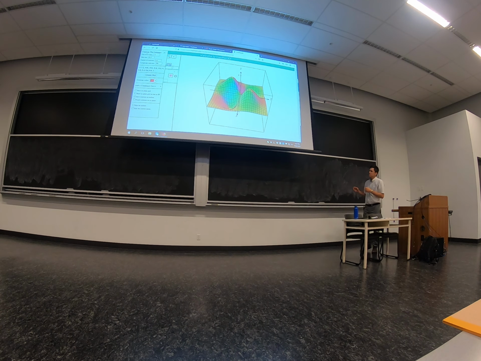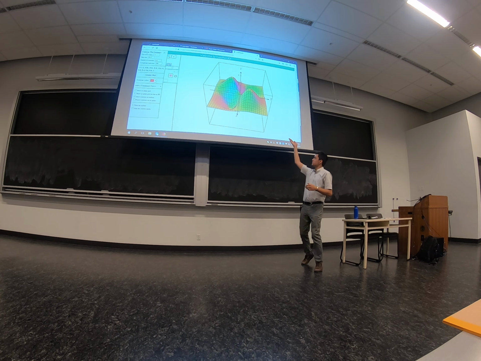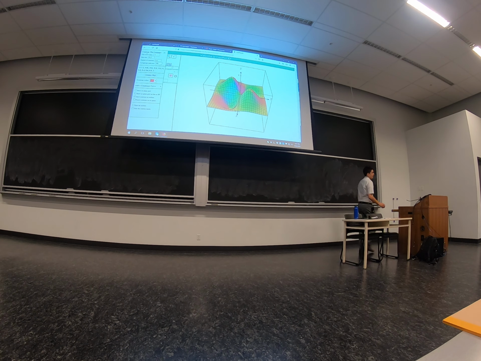You take this surface and cut it at different heights: height 1, height 0.9, height 0.8, height 0.7. You cut it at different heights, and you get the following thing.